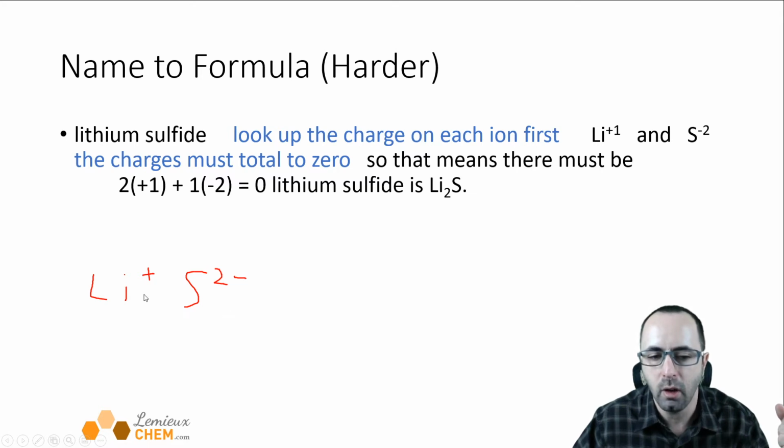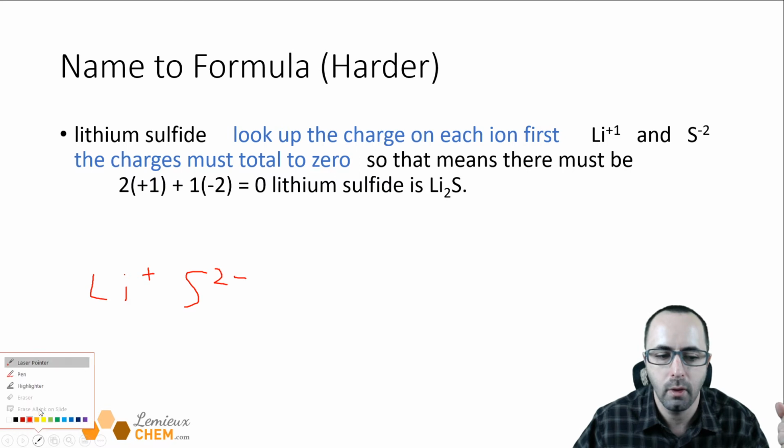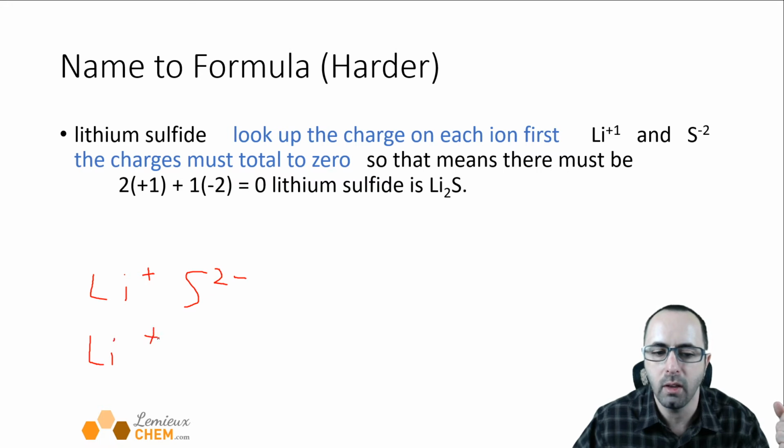We want to make sure that our positive and negative charges cancel. So for our lithium, we're going to need one more. This will give us 2 positives to go with our 2 negatives from the sulfide.